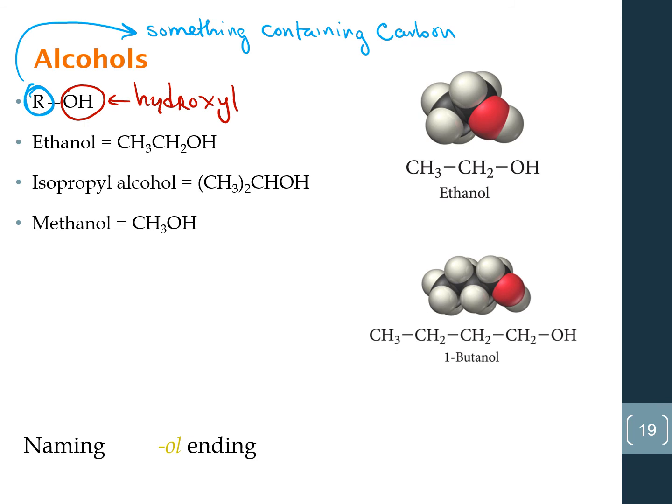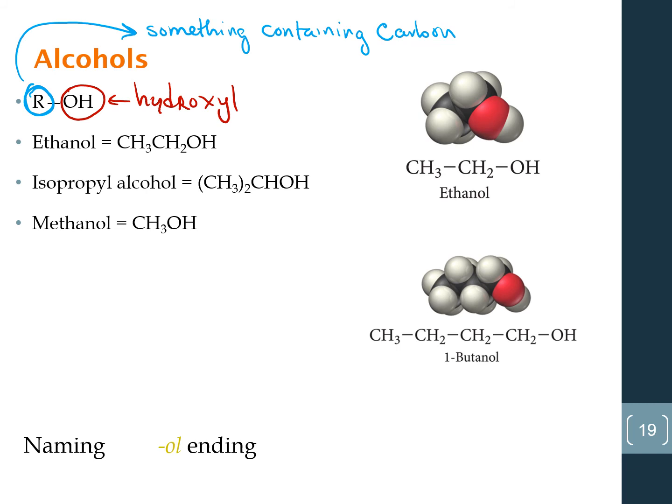You can have one carbon, two carbons, 20 carbons, okay, with the respective amount of hydrogens. It's a generic term that we use because you can have any R, any number of carbons, hydrogens there, but as long as you have that hydroxyl bonded to that R, you will have an alcohol.